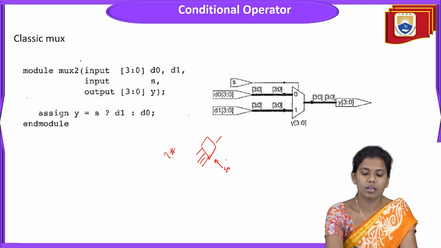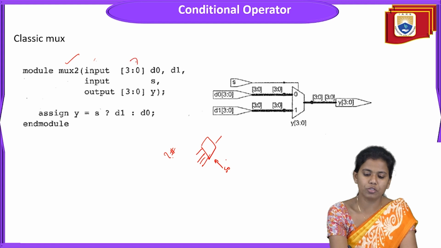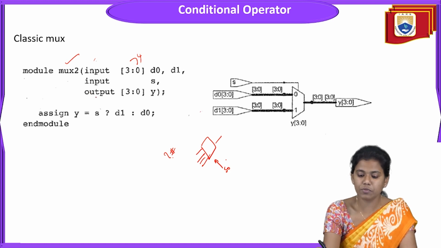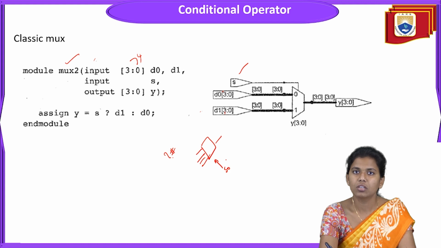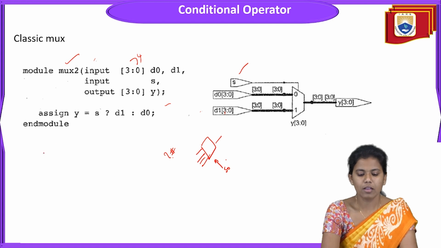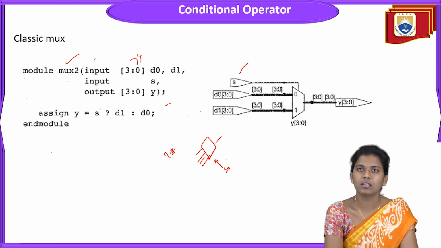So my module is multiplexer. I'm giving the name as multiplexer 2. Then my inputs are 3 to 0, so the total is 4 bits of data I'm having, and D0 and D1, these 2 are the inputs. And I also have the selection line as input, and the output is 3 to 0, Y. Using the conditional operator, how can I write the syntax?